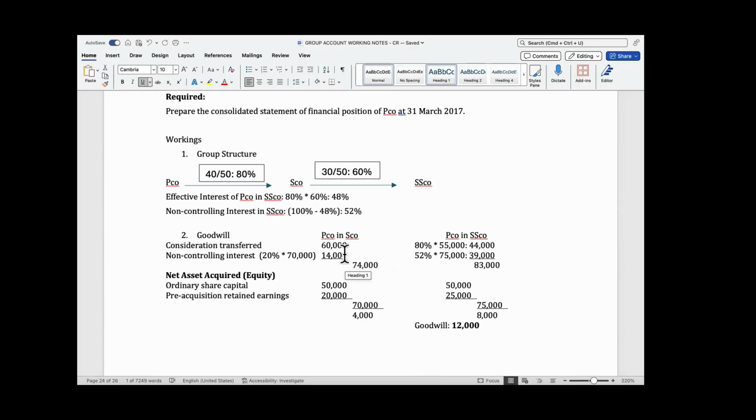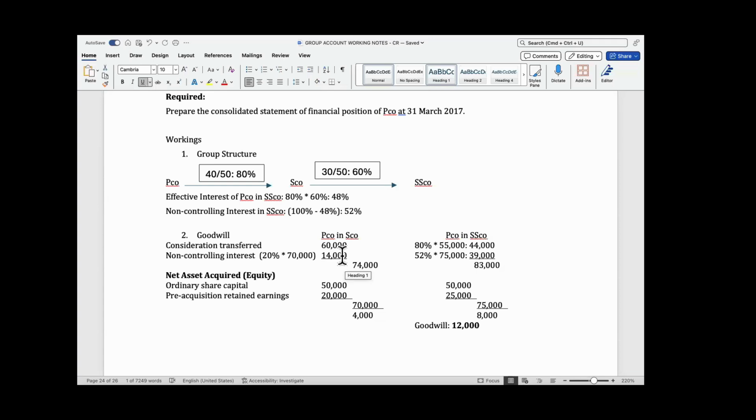You are still doing the same thing here. So the only thing is that since there is a sub-subsidiary, the parent did not buy that sub-subsidiary directly. So you went through another route. So our holding in it should be from that route. We need to consider it from that angle.